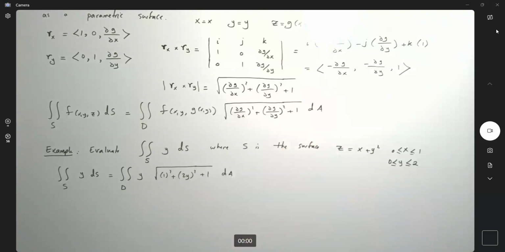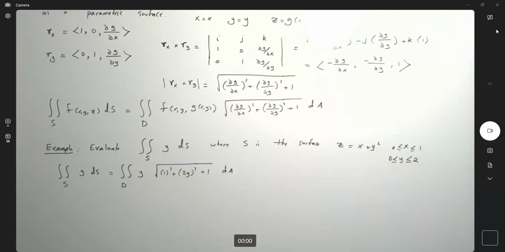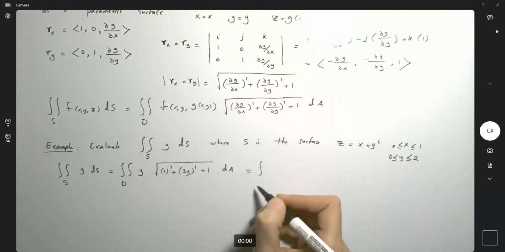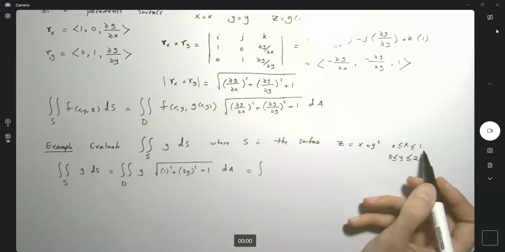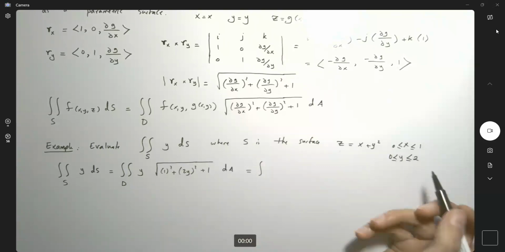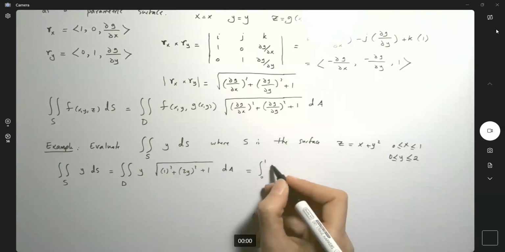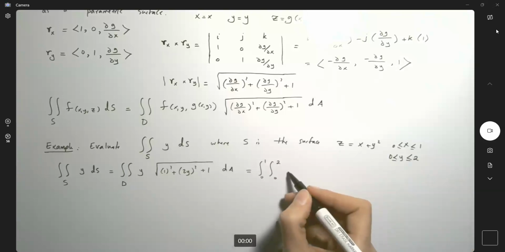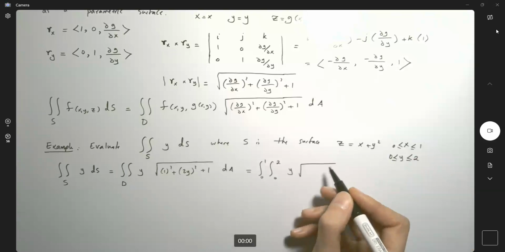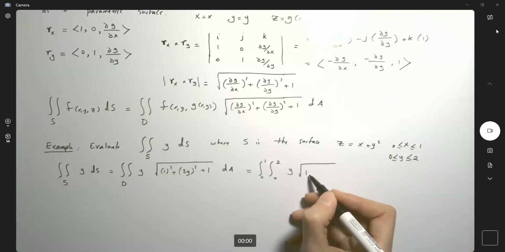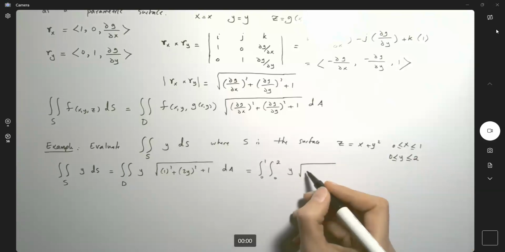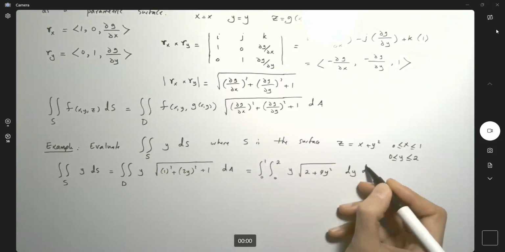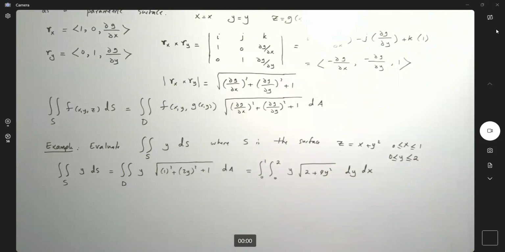Very good. So this double integral is equal to the double integral where x is bounded between 0 and 1, y is bounded between 0 and 2. We have fixed boundaries, and here you have y times the square root of 1 plus 1, which is 2, 2 plus 4y squared dy dx.